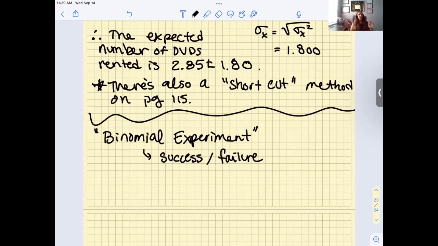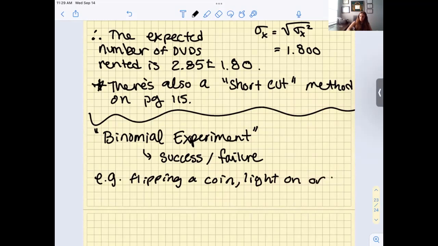Like if we're trying to shoot a basketball hoop, did we make it or did we not make it? That kind of thing. Yes, no, on, off, etc. So you can write example, flipping a coin, a light on or off, etc.